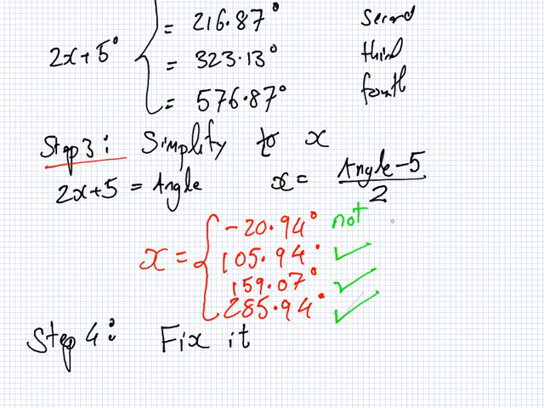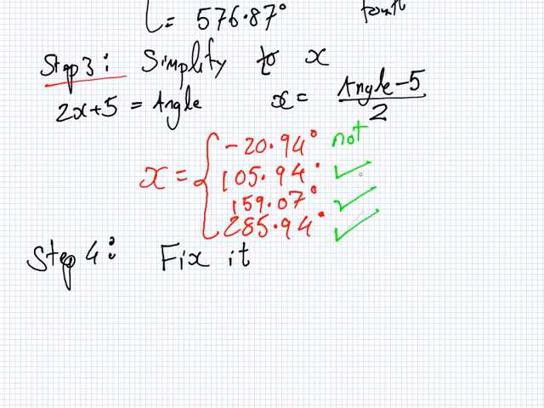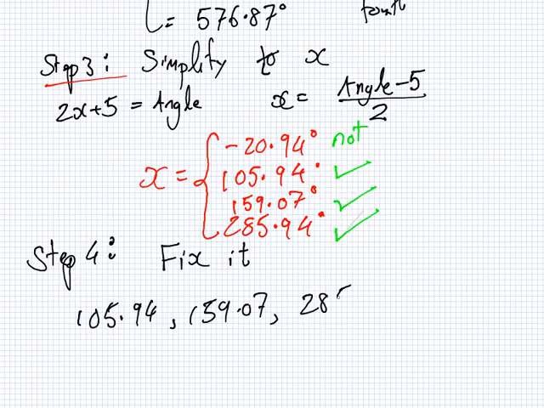So if I fix it by adding 360, my answers will be 105.94, 159.07, 285.94, and lastly, minus 20.94 plus 360, 339.1 degrees.